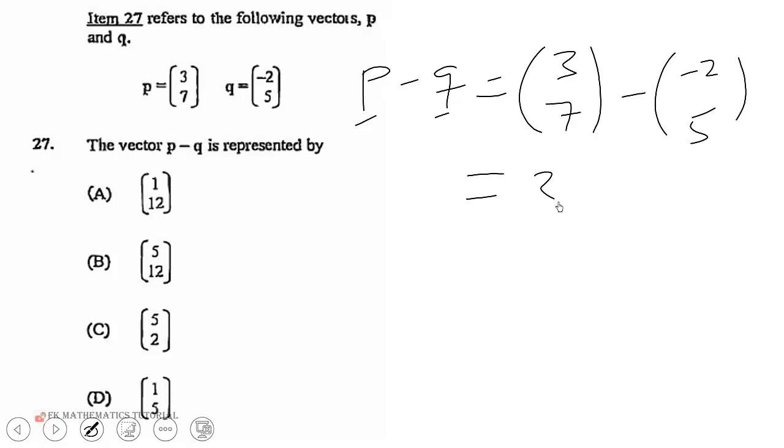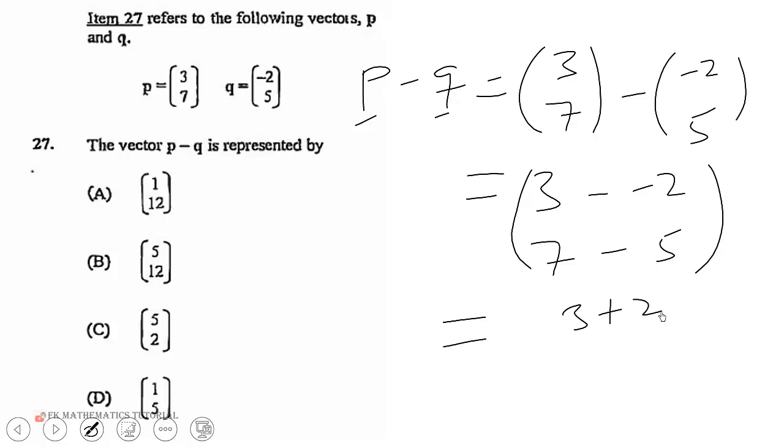This will be equal to 3 minus negative 2, 7 minus 5. So this will give us 3 plus 2, then 7 minus 5. So we get (5, 2). The correct answer is option C.